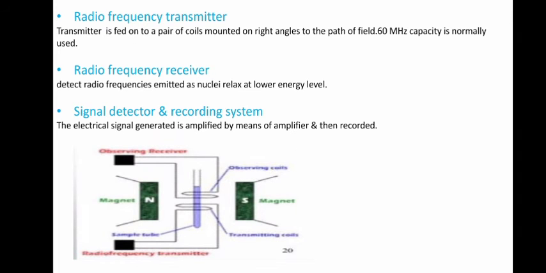Radio frequency transmitter: the transmitter is fed onto a pair of coils mounted at right angles to the path of the field. 60 MHz capacity is normally used. Radio frequency receiver: detects radio frequencies emitted as nuclei relax to a lower energy level. Signal detector and recording system: the electrical signal generated is amplified by means of an amplifier and then recorded.